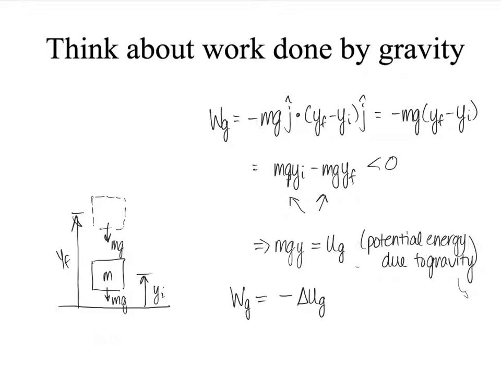And what we're saying is that the work done by gravity can be expressed as negative the change in the potential energy. The reason is that we have U initial minus U final, which we could just write as minus (U final minus U initial), which is equal to minus delta U gravity.